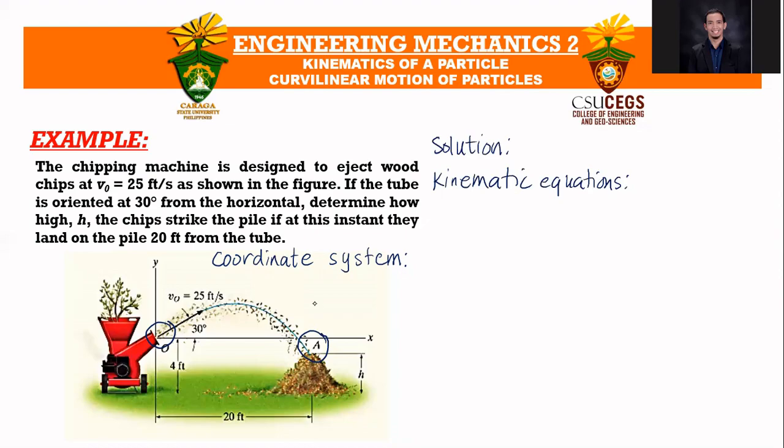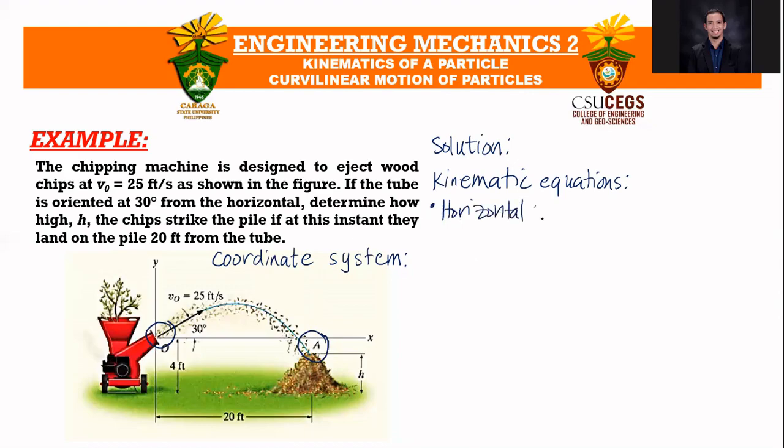So when we encounter problem for projectile motion, the same lang gihapon na gamiton nato na equations na gigamit nato before sa free falling bodies. So for the kinematic equations, especially for motion of a projectile, we need to resolve into two parts. So we have the horizontal motion, and the second one is the vertical motion. So we will start with the horizontal motion.